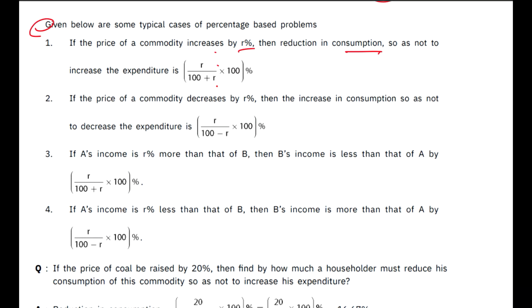जैसे कि अगर आपको किसी भी चीज में सिंपल वैल्यू कन्वर्जन बताती हूँ, ठीक है, let's talk about 25%. So suppose किसी भी चीज की प्राइस 25% इंक्रीज हुई है, तो how much will be the reduction in the consumption? The value should be 25 by 125 into 100, and if you simplify it, you would find out that it is 1 by 5, and 1 by 5 is nothing but 20%.